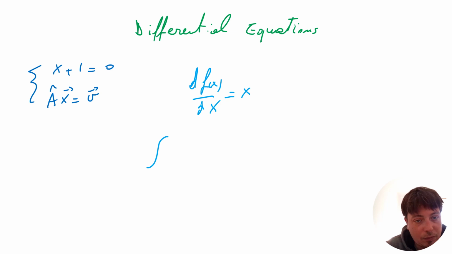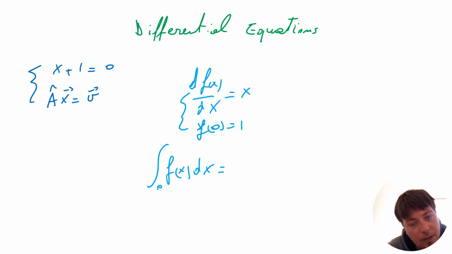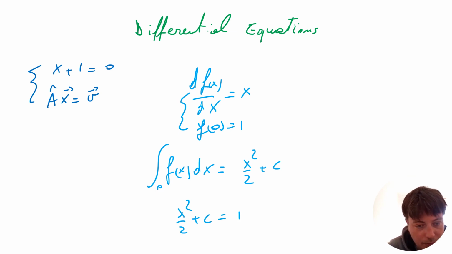So if we integrate, and we want f in 0, let's say, equal to 1, we integrate from 0 to whatever, of x dx, and this is x squared divided by 2 plus a constant. Now we want to say that x squared divided by 2 plus c in 0 is equal to 1. So when we put 0 here, we have c equal to 1.